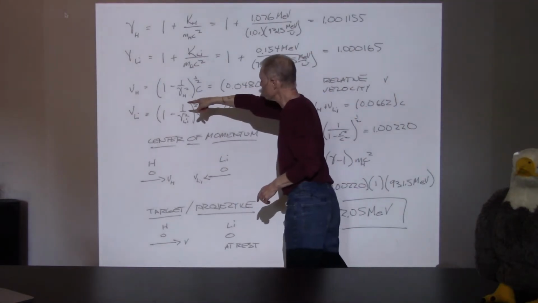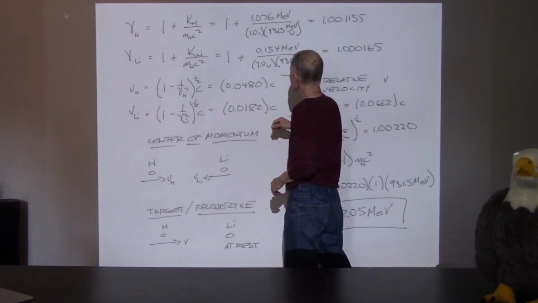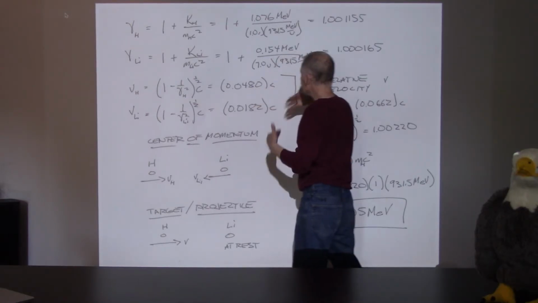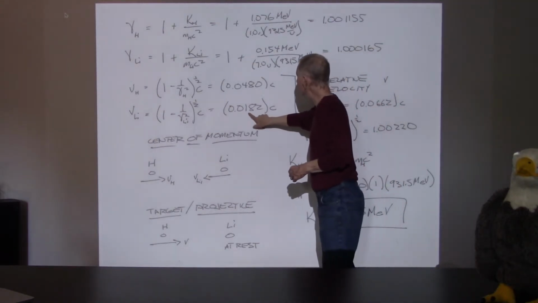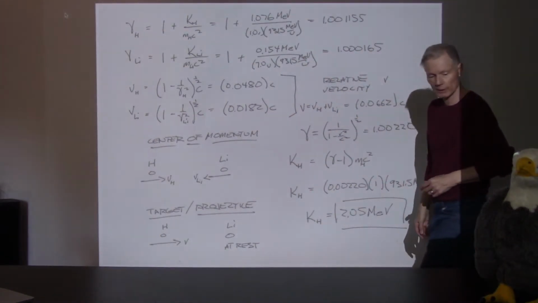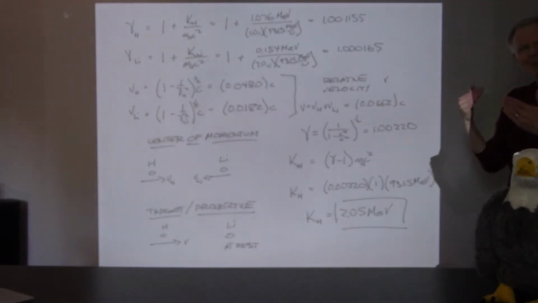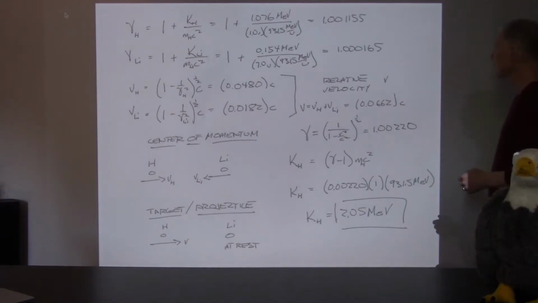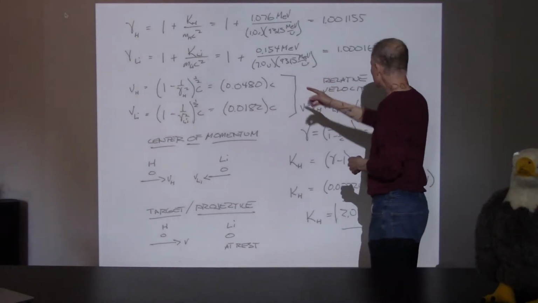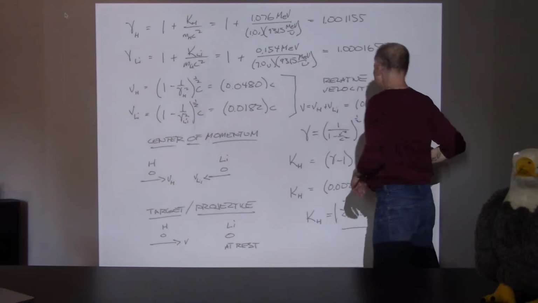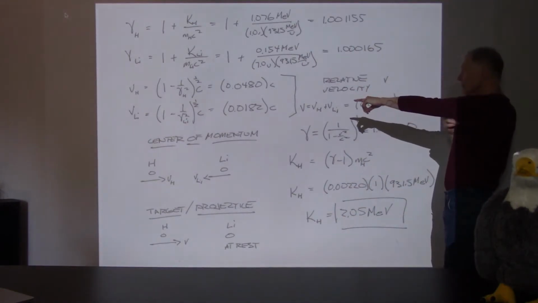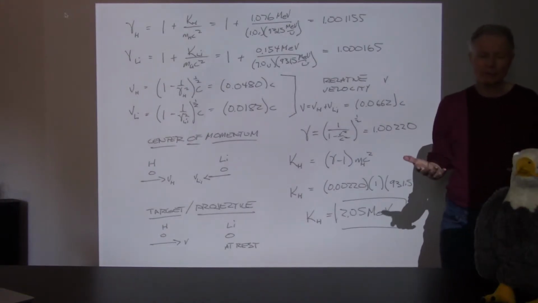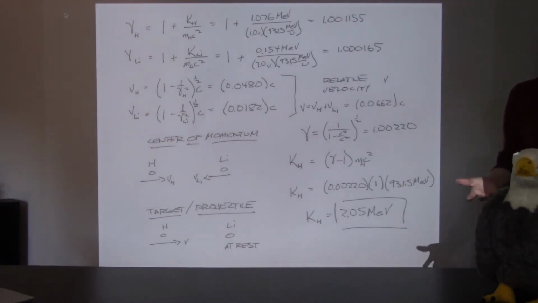I solved for the V's using special relativity formulas that we've developed. The hydrogen needs to be moving at 4.8% of c, and the lithium needs to be moving at 1.82% of c. So you can see how difficult it would be to set up this exact situation. I would need things traveling at these particular speeds. Now that we have the speeds figured out, what if we imagine this happening in a different reference frame?